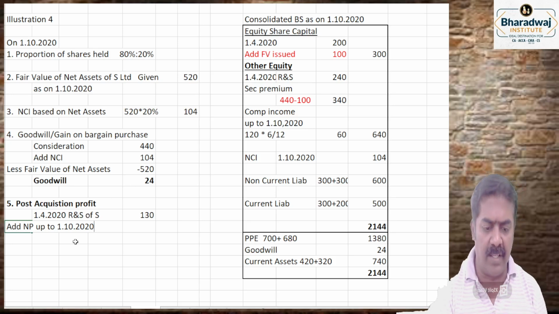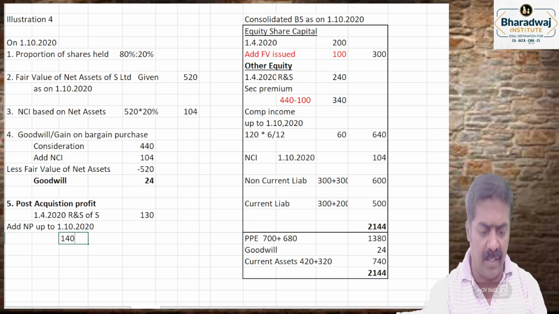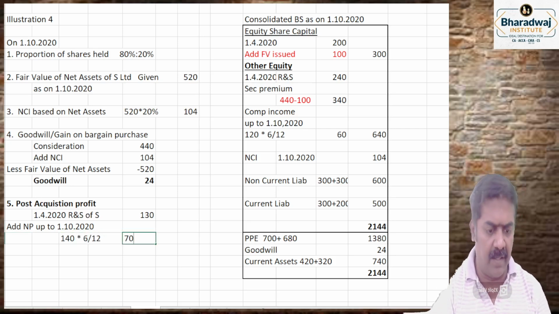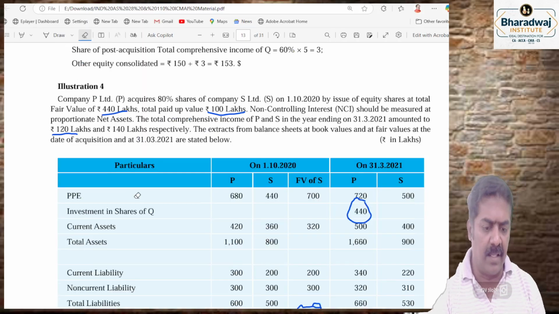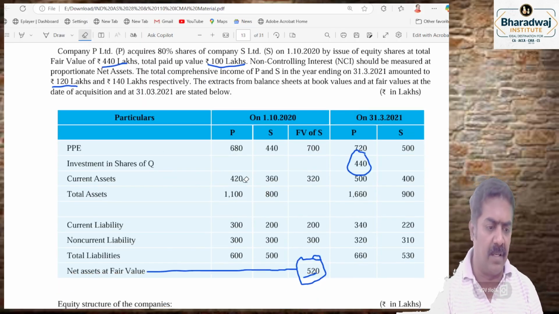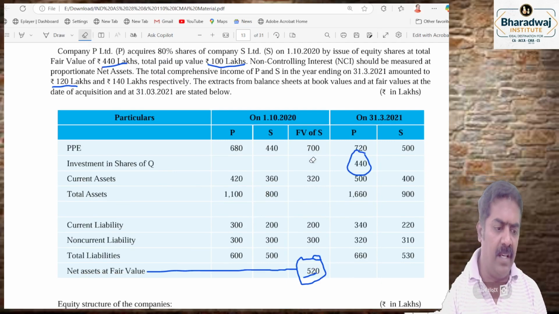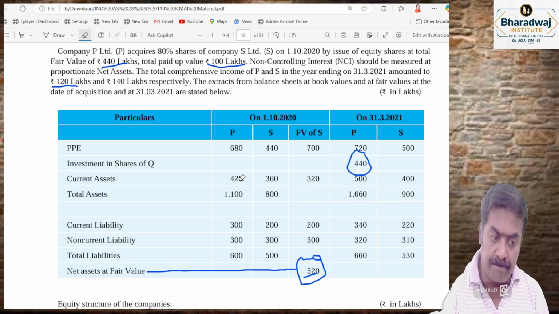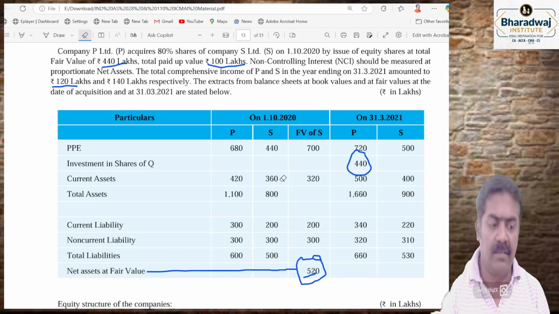So in the 140 lakhs, how many months will become pre-acquisition? 6 months. 70. Wait. There is a change in inventory. Current asset. When the shares were acquired, it was much. 360 to 320. From 360, it became 320.